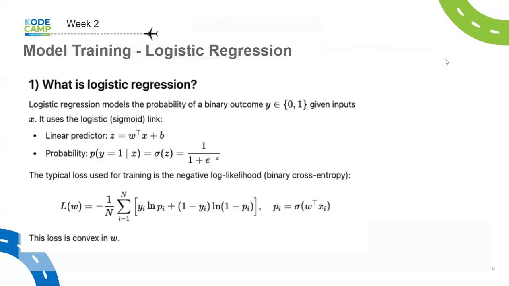So it has three main components. The first component is a linear predictor, which is the same as the straight line equation we have been dealing with, whether it's a single variable or a multivariable. In this case, we actually have this W as a vector, and this X is also a vector.